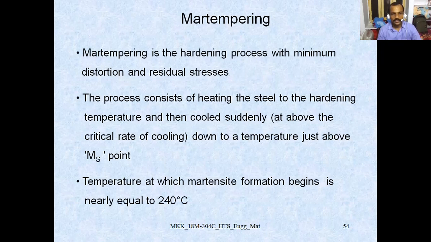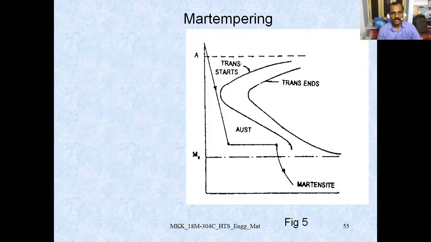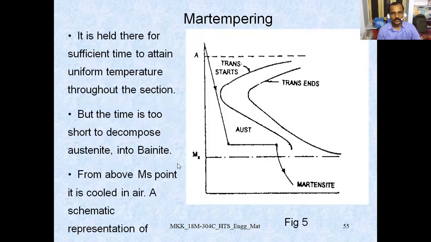The temperature at which martensite formation begins is nearly 250 to 400 degrees centigrade. Here we can see transformation starts and transformation ends, austenite to martensite. After cooling, it is held for a sufficient time to attain uniform temperature throughout the section.